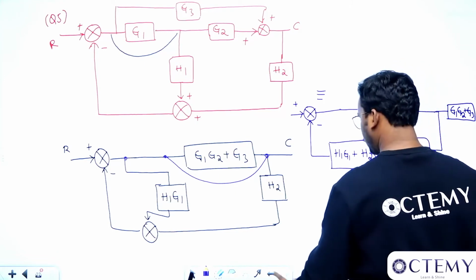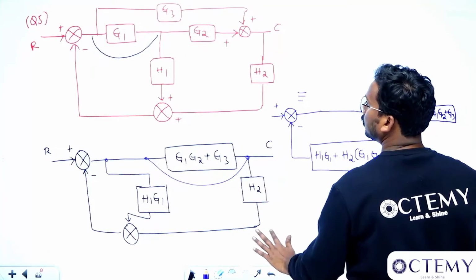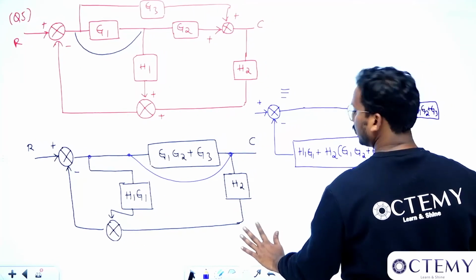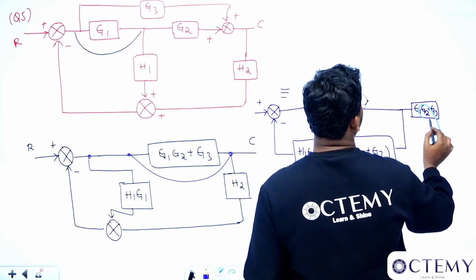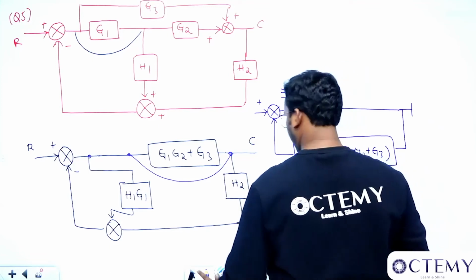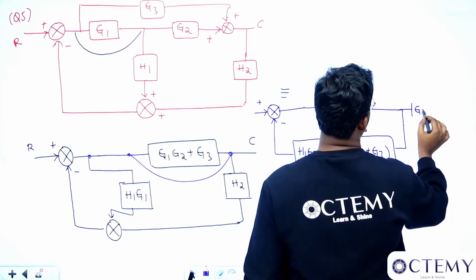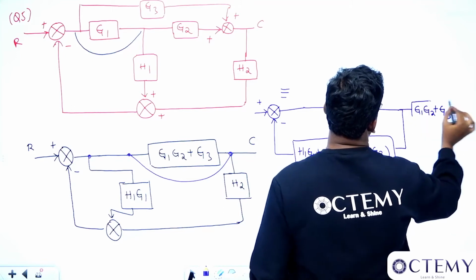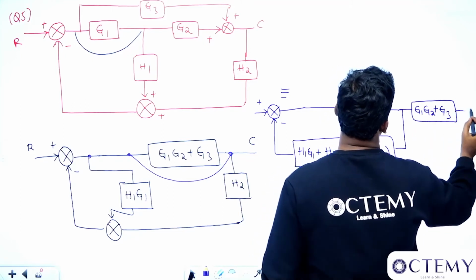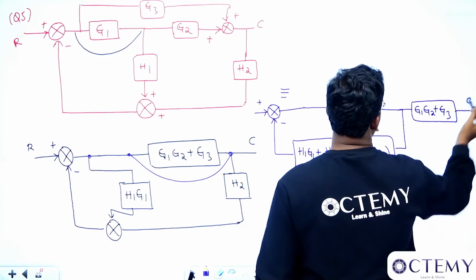That is, you will have G1 G2 plus G3, and this will be your output C, right?